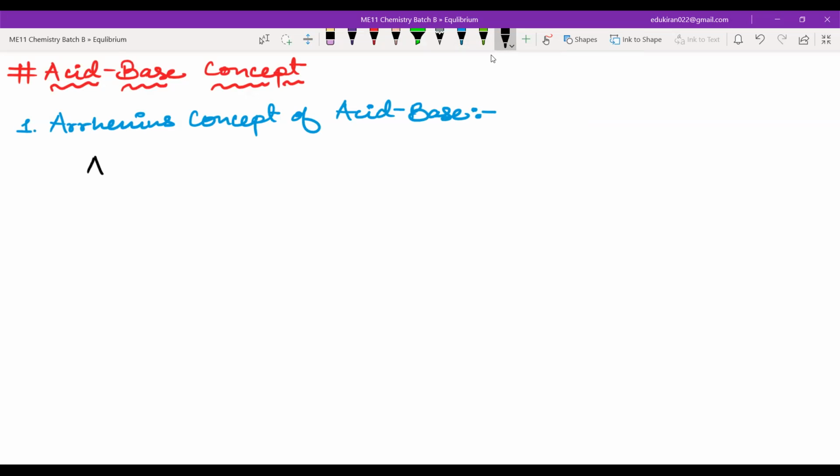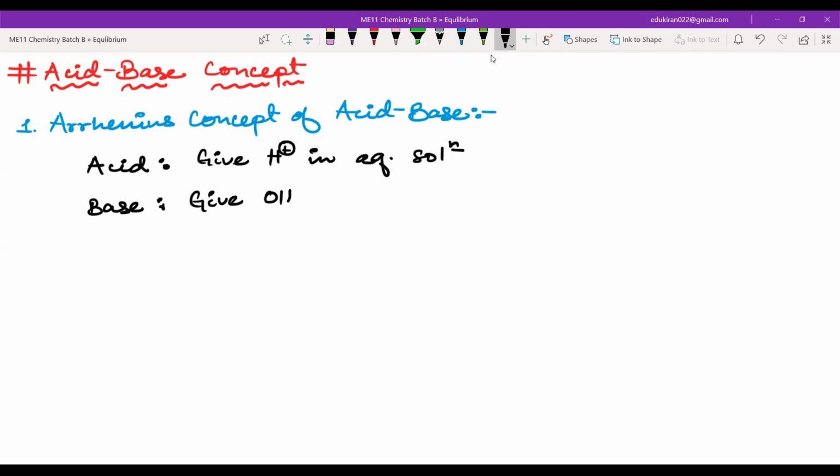For Arrhenius, an acid should give H+ ions in aqueous solution. If you have a base, then the base should give OH- ions in aqueous solution.